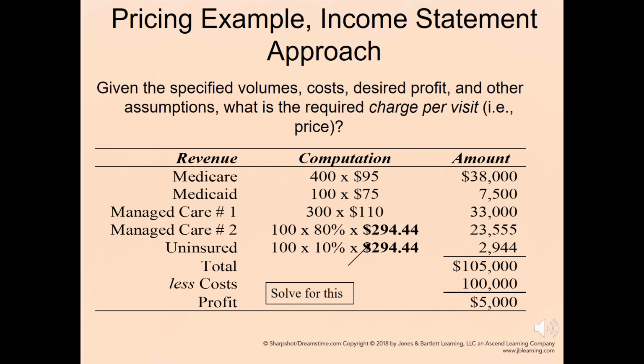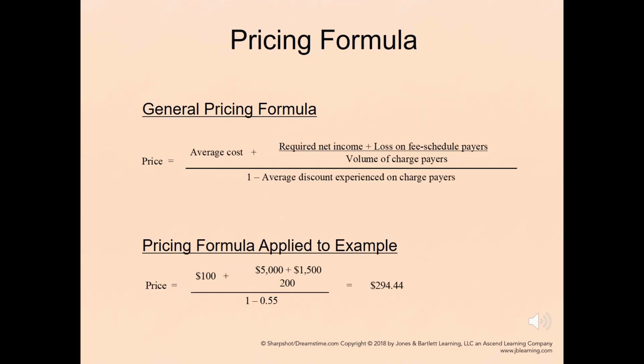Given the specified volumes in the previous slide, of the cost, desired profit, and other assumptions, what is the required charge per visit, or the price? The general pricing formula that's being used is that price equals the average cost plus the required net income and loss on the fee schedule payers divided by the volume of charge payers, divided by 1 minus the average discount experienced on charge payers.